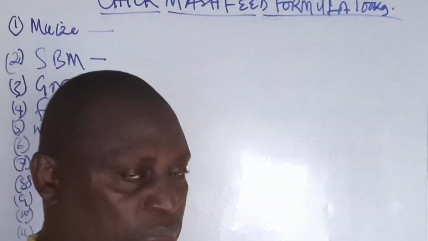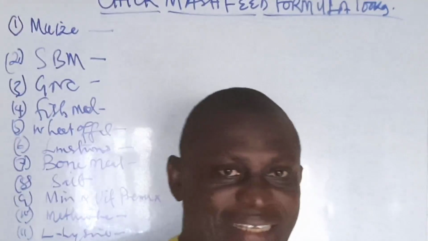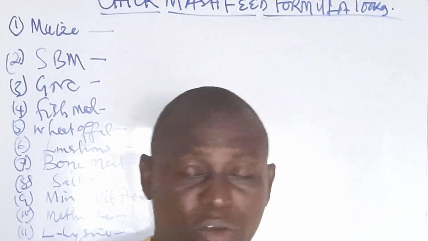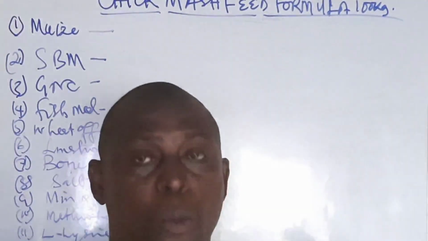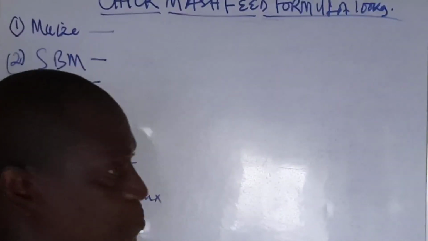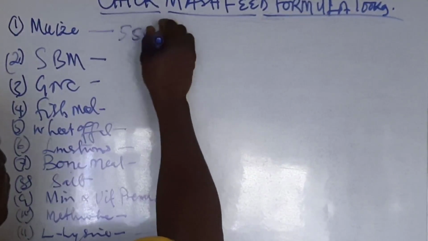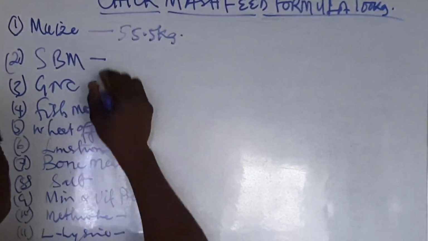Now, you need to know the rate of inclusion of each of those products and their nutritional composition. Maize is between 50 to 60% inclusion rate, depending on the type of feed you are making. Now, let's use 55.5 kg maize.